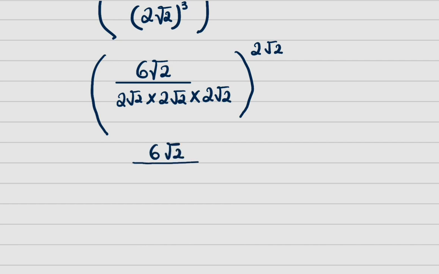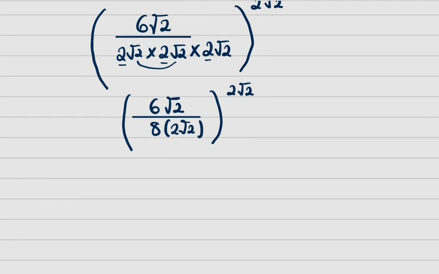I'm working with what is in the bracket now. 2 times 2 times 2, we have 8. Then root 2 times root 2 is 2. Then we have times another root 2, which is going to give us 2 root 2. Everything here is now raised to power 2 root 2.